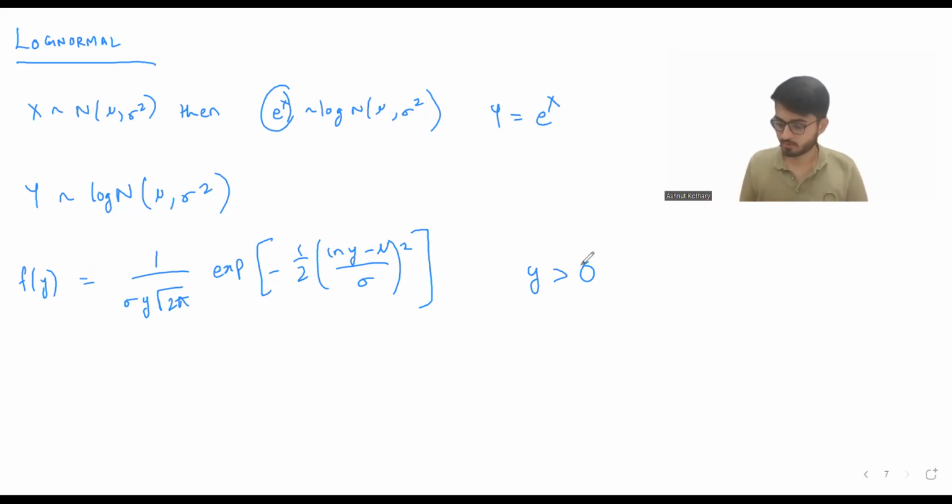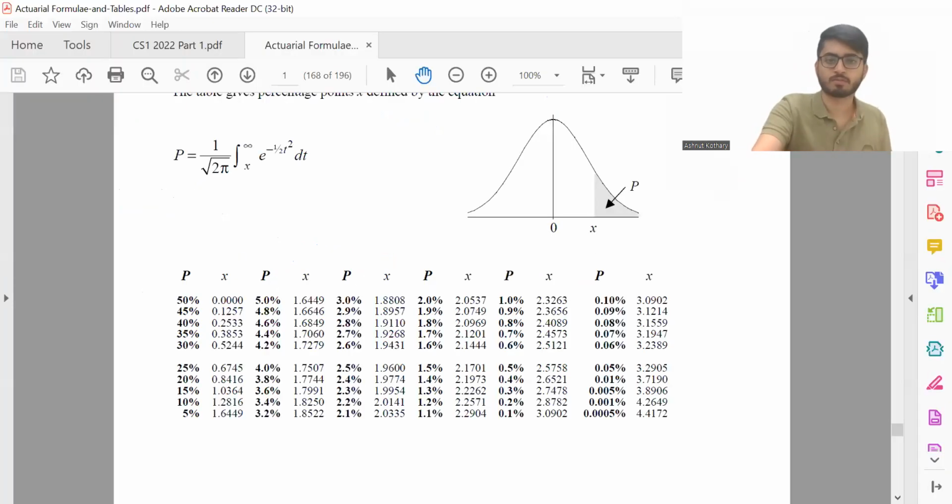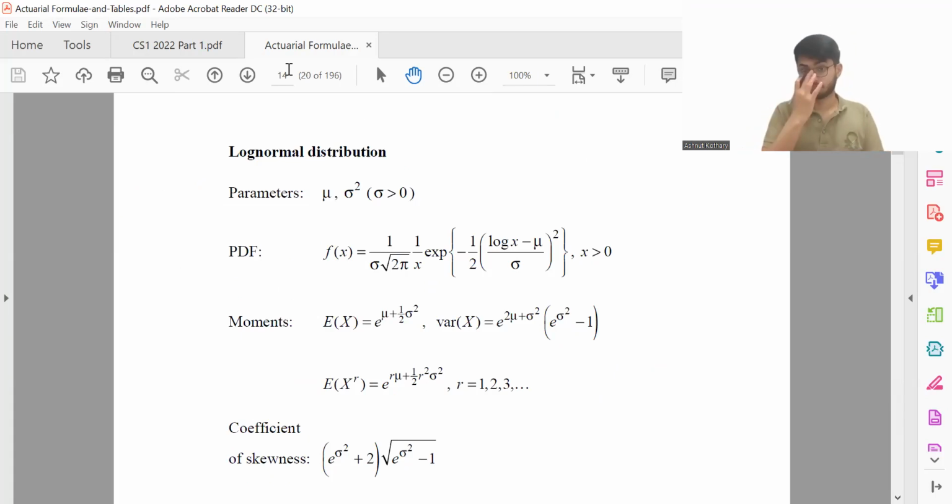Let me share it with you all in the tables itself. Now note the parameters of log normal are also mu and sigma square, but these are not its mean and variance. For a normal distribution, the parameters were its mean and variance.